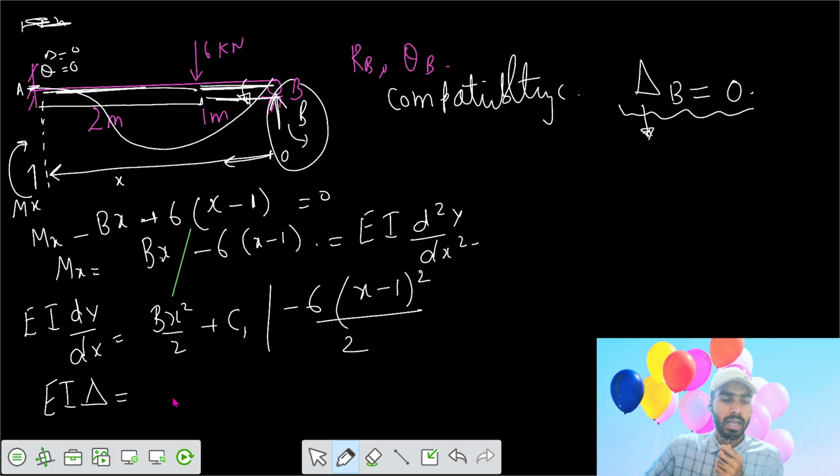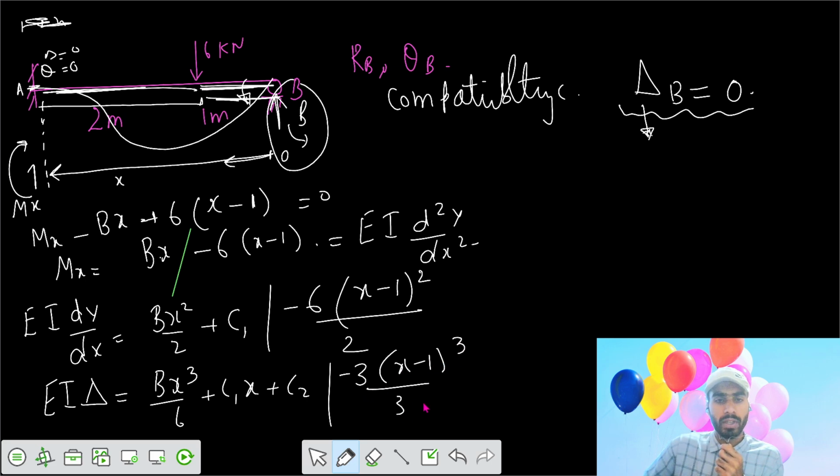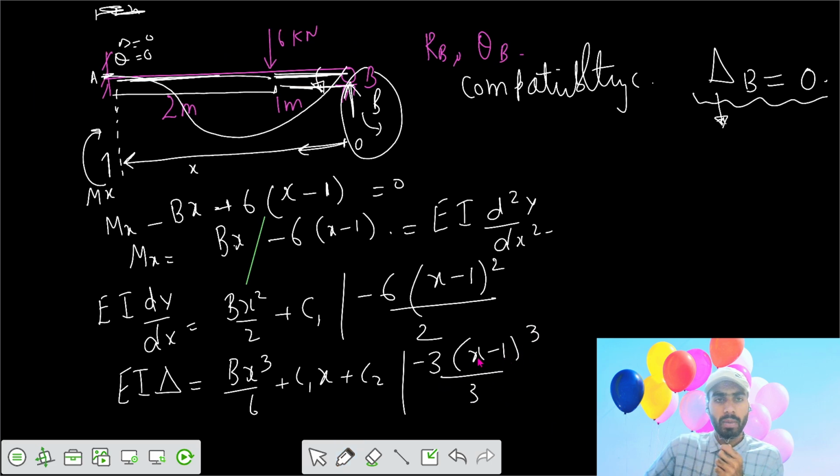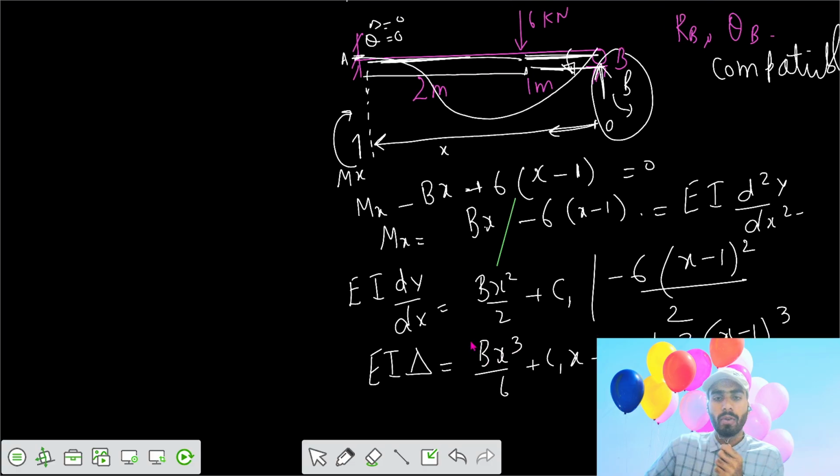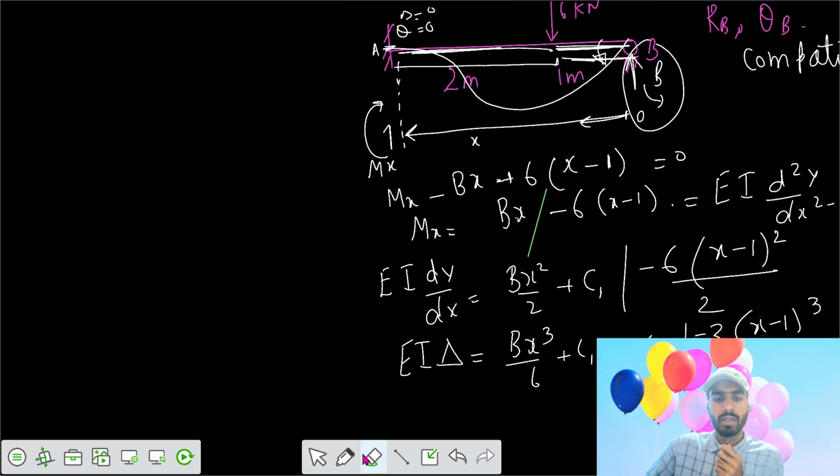We can get EI delta equals Bx cubed by 6 plus C1 x plus C2, then minus 3 into (x minus 1) whole cubed by 3. So now we have to apply the boundary conditions. At x equals 0, we know that here the delta should be 0.